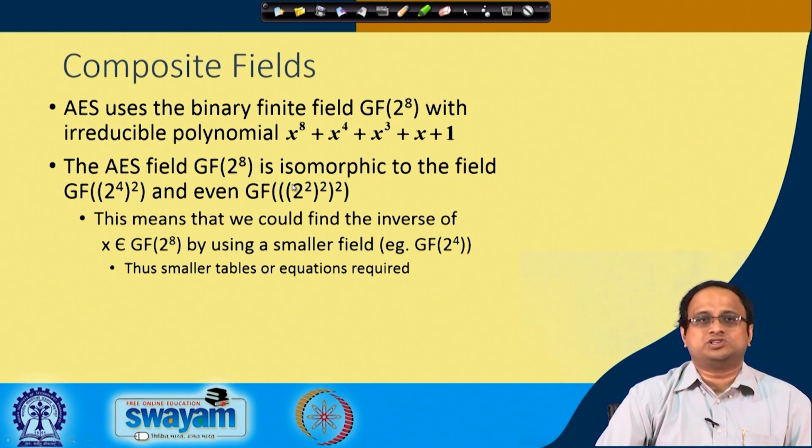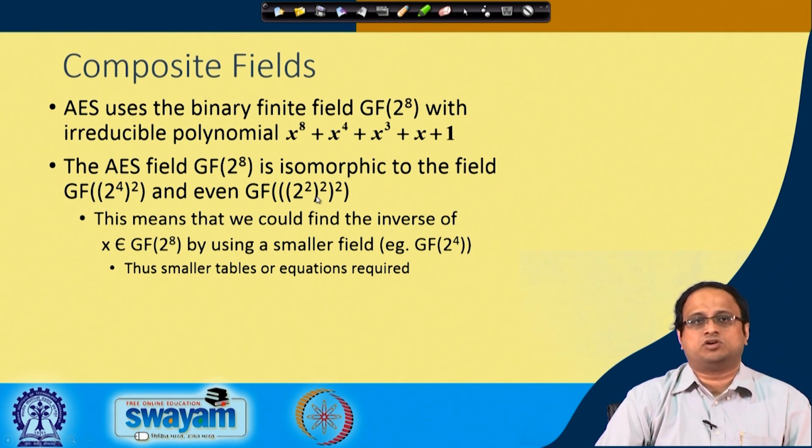Now we will use the principle that GF(2^8) can alternatively be represented by this composite field structure, which is GF((2^4)^2). Or you can break down GF(2^4) further, and then you can also have fields like GF(((2^2)^2)^2).